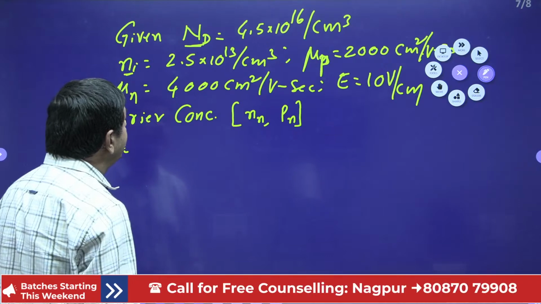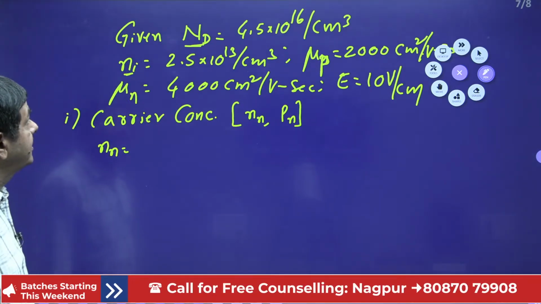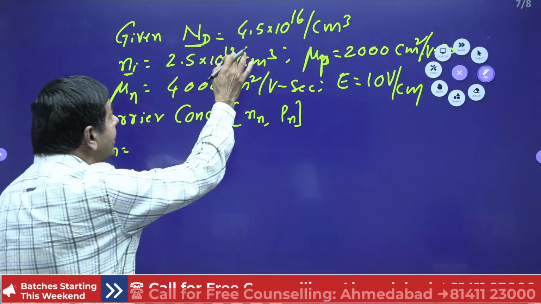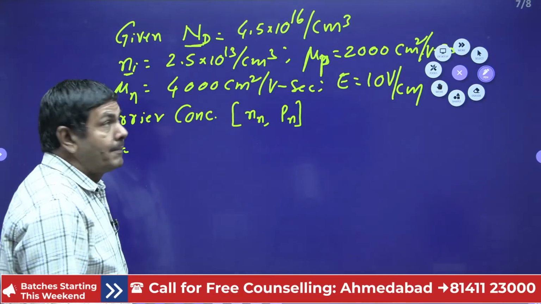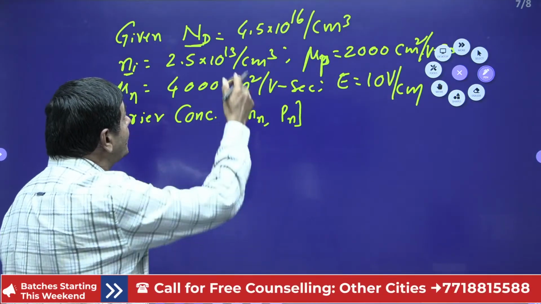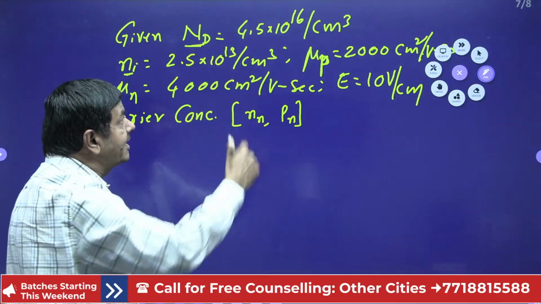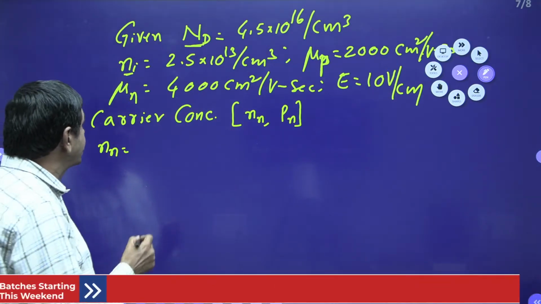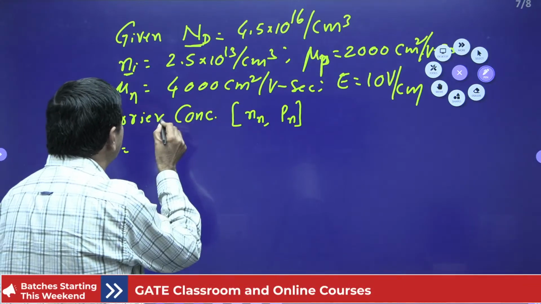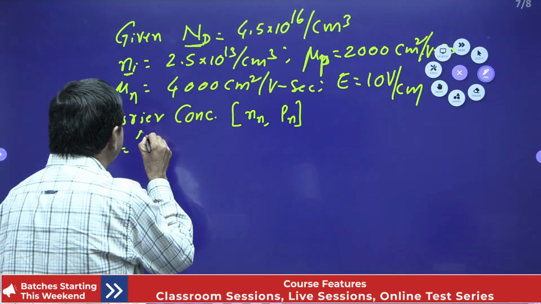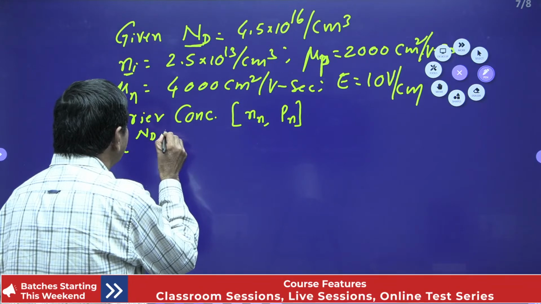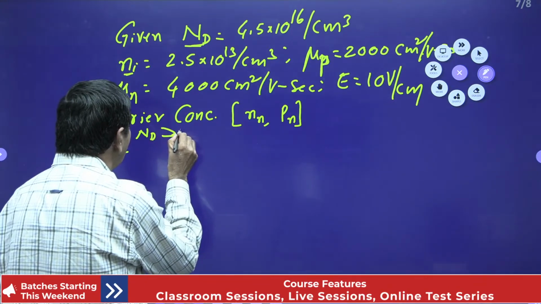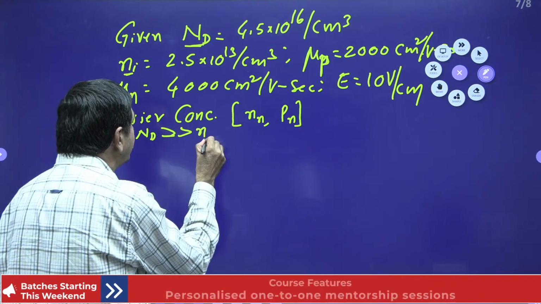Ni and Nd, if you make the comparison: Ni is 2.5 × 10^13 per cm³, but the Nd value is 4.5 × 10^16. 10^16 is a very large number compared to 10^13. That's why we can write here: Nd is far greater than Ni.